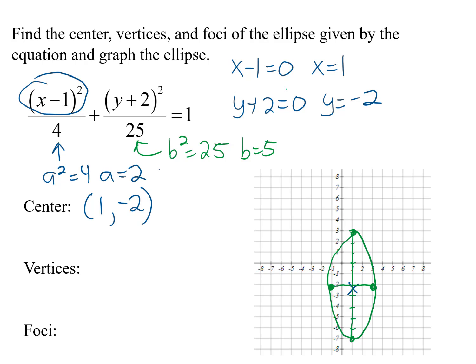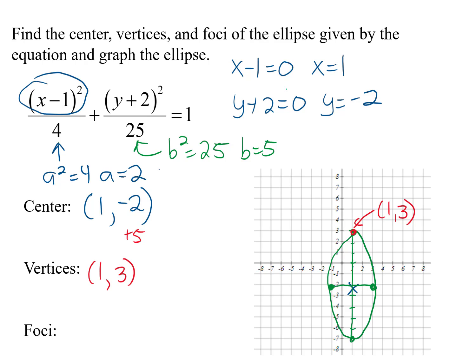Now I'm ready to answer the vertices. The vertices are always the endpoints of the major axis, the longest one. So that's one vertex, and we can figure out where that is. That is at the point (1, 3). From the center, we didn't change in the x direction, but we went up 5. So if I had added 5 to this value, I would have that first vertex.